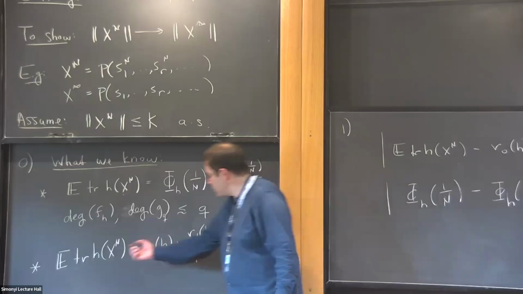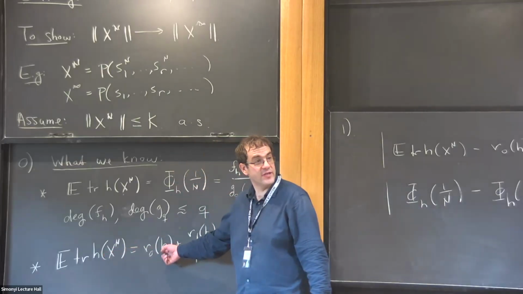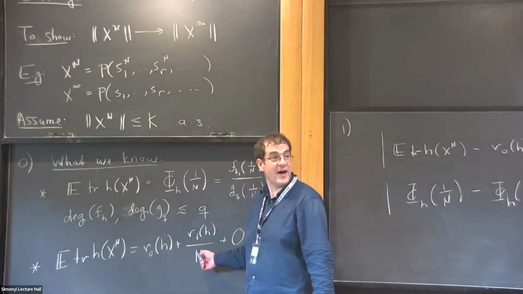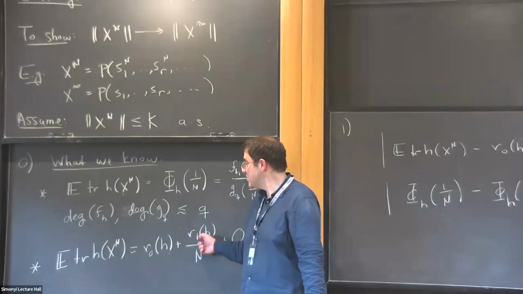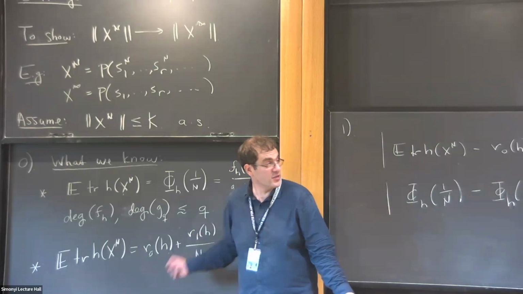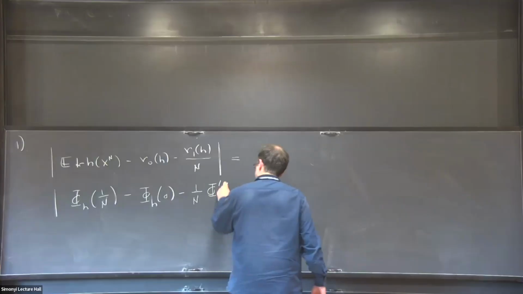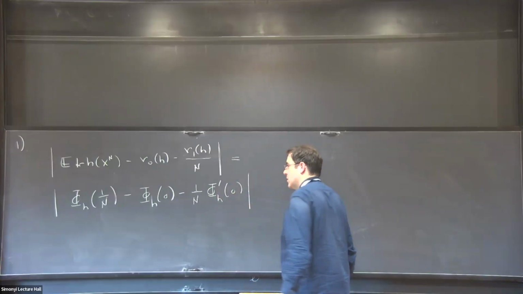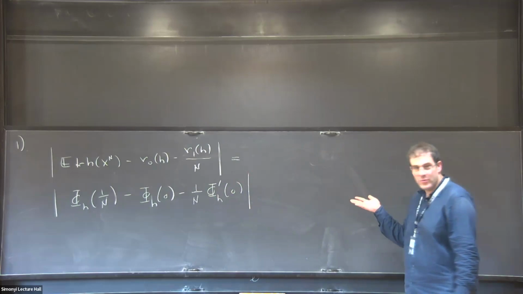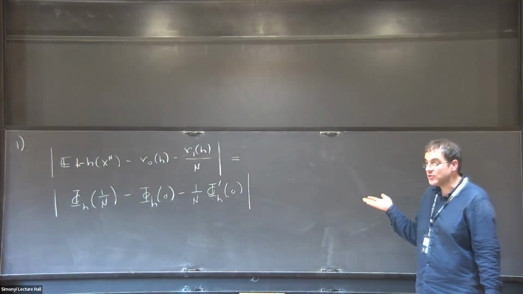I take phi h of 1 over n minus phi h of 0, I divide by 1 over n, and let n go to infinity. Well, mu1 of h is nothing else than the derivative of the function phi h at 0.